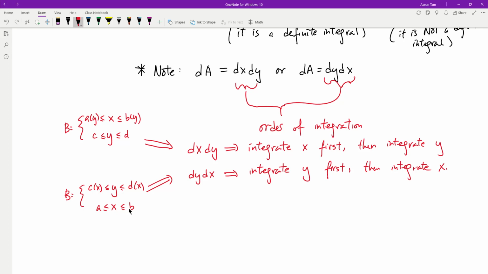You are actually forced to redefine B in a certain way in order to choose the order of integration. For now, you might not understand how this will work, but we will do some examples in the next video so that we understand how the iterated integral works. And then we'll also do some examples where we reverse the order of integration to show you how to do it and what the implications are.